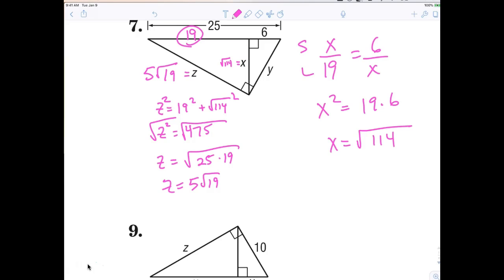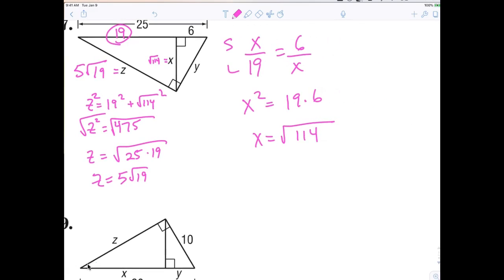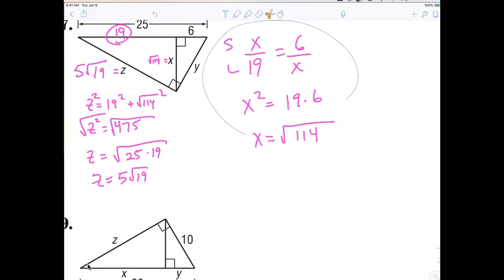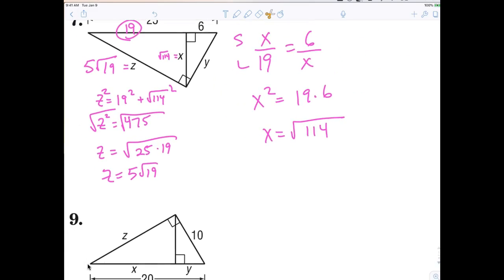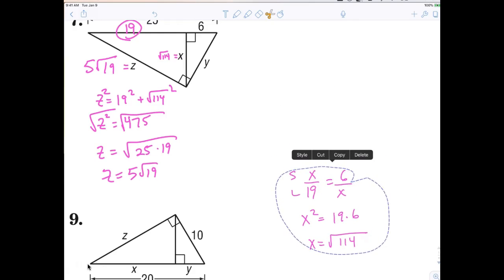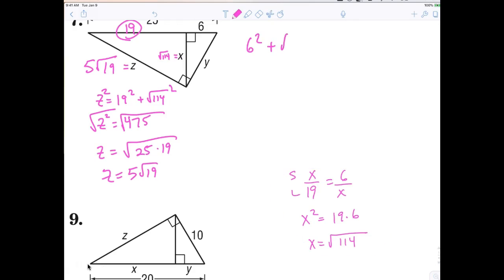All right, now we're going to go ahead and knock out y. So everybody's got to look up here at y just to make sure you know how to do the Pythagorean theorem correctly. The y is the what? Y is the hypotenuse. C, thank you. So here we go. So we have 6 squared plus the square root of 114 squared is equal to y squared.